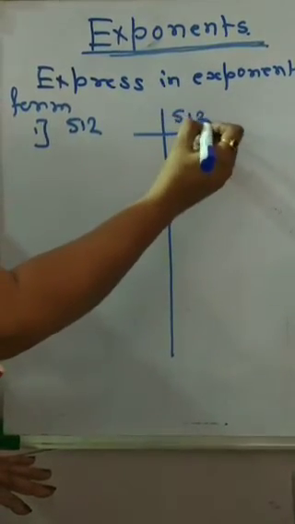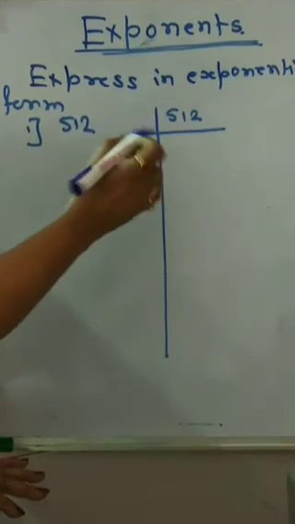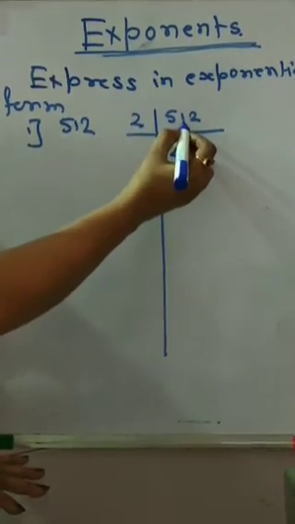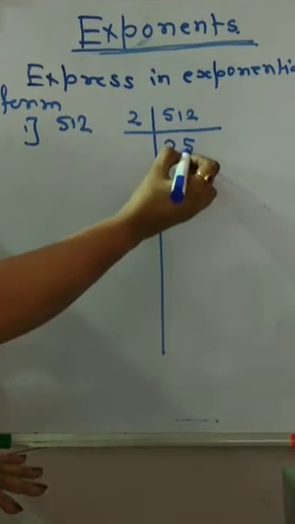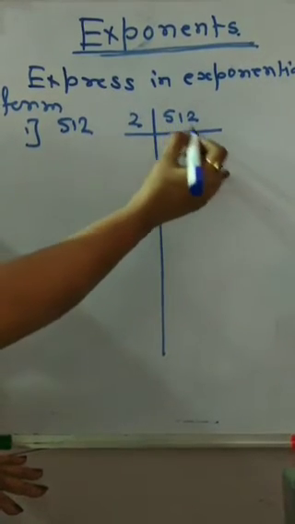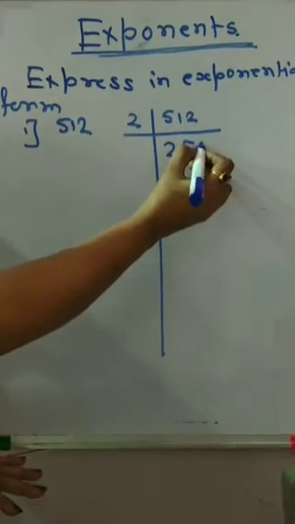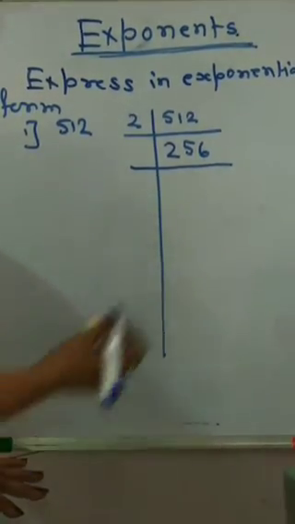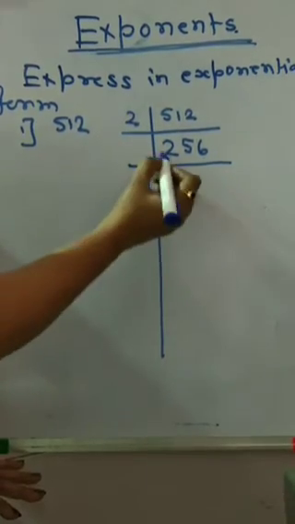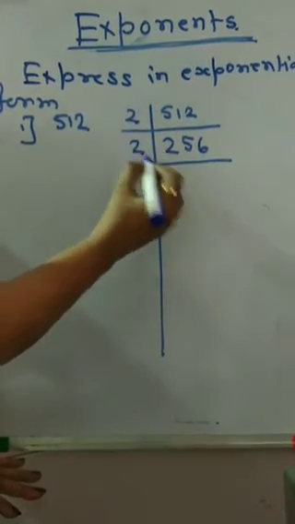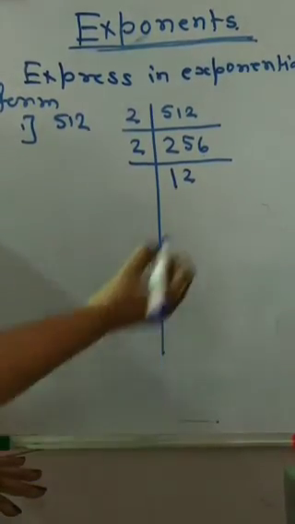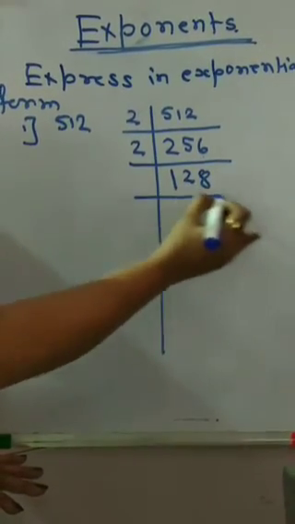512: 2 is in the unit place, so it is divisible by 2. 2 fours are 8, 1 balance, there is 11, 2 fives are 10 and 1 balance again, 2 sixes are 12. 6 is in the unit place, 6 is divisible by 2, the whole number is divisible by 2. 2 ones are 2, 2 twos are 4, 1 balance, 2 eights are 16.